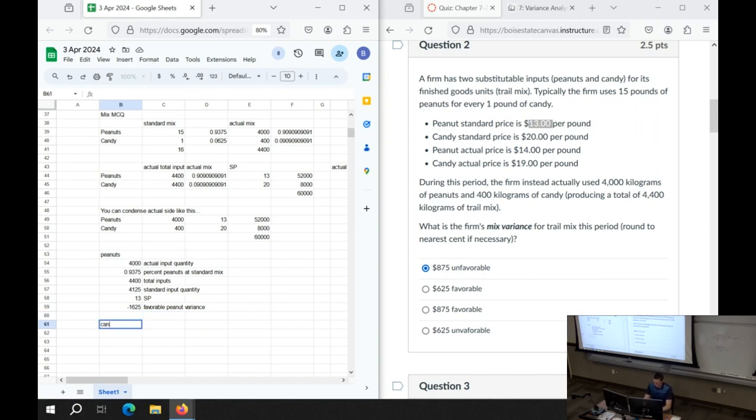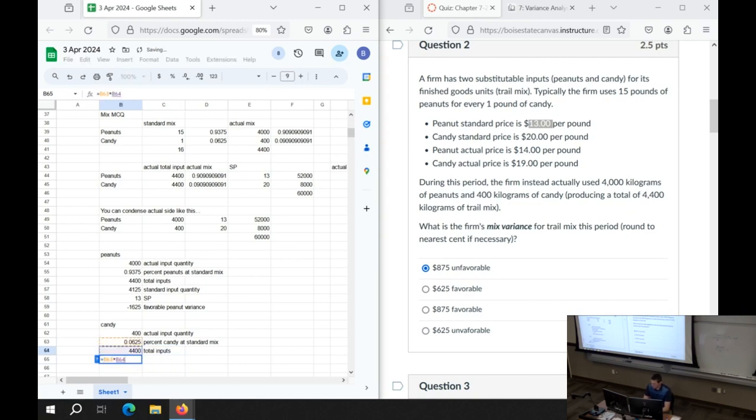So candy, we have actual input quantity here. We can say 1 out of the 16 pounds talked about in the mix sentence should be candy. This is percent candy at standard mix. We have total inputs, it's the same, 4,400 total inputs.